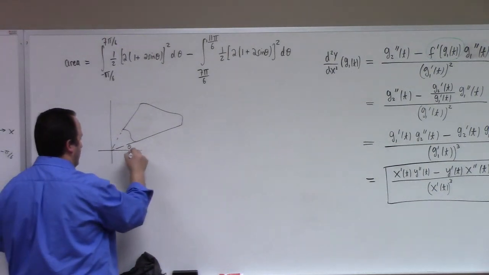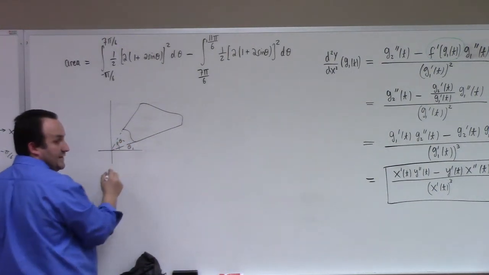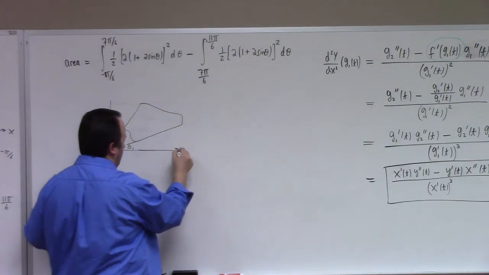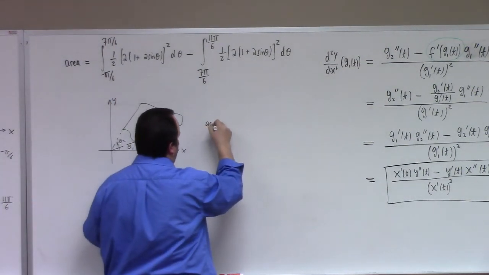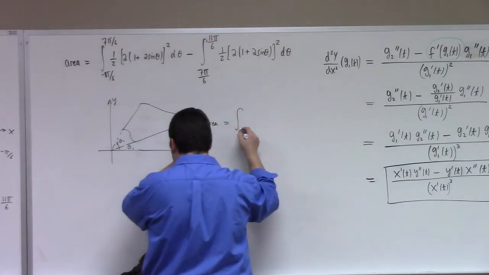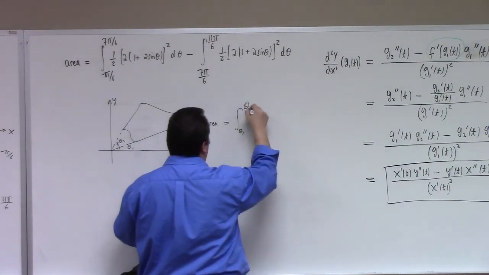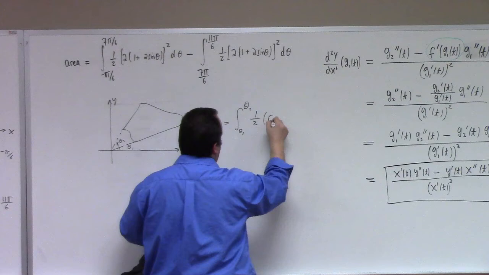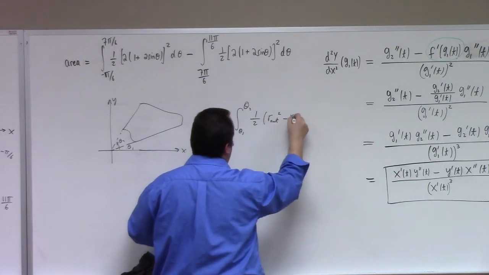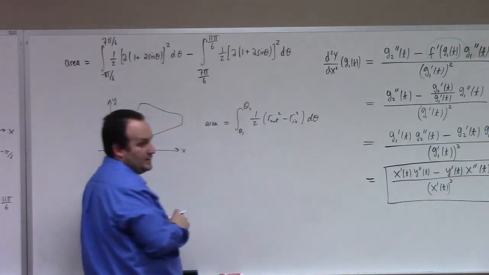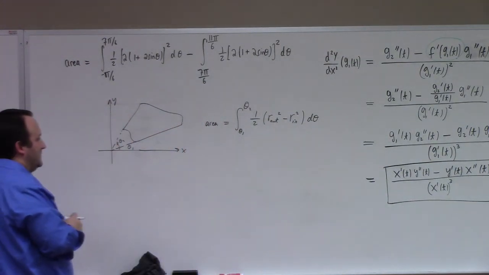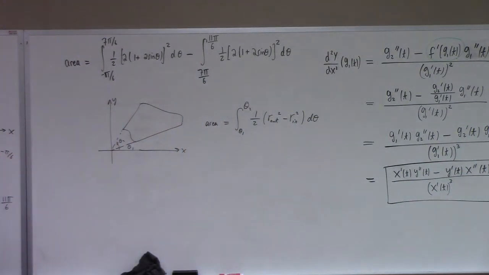And suppose this is theta 1, this is theta 2. Then we explained the other day that the area for this region is equal to the integral from theta 1 to theta 2 of 1/2 times r out squared minus r in squared d theta. Now that half has to be there. In this case, the inner radius is 0.